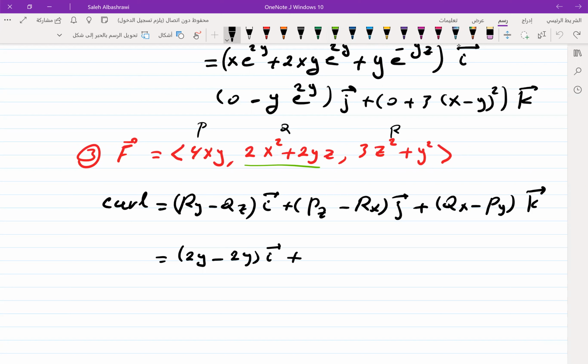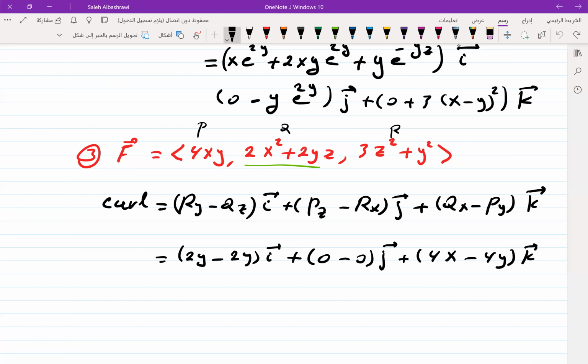Next one, p sub z. Differentiate the first one with respect to z is equal to 0. And r sub x is 0. This is j. Third one, q sub x is 4x, p sub y is 4x.